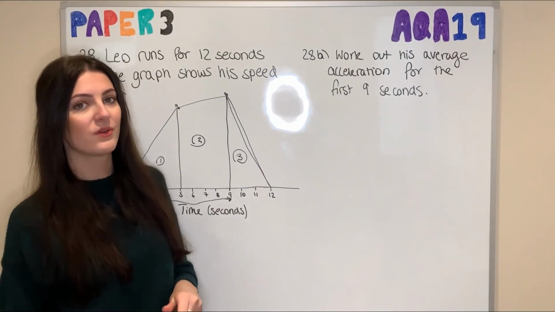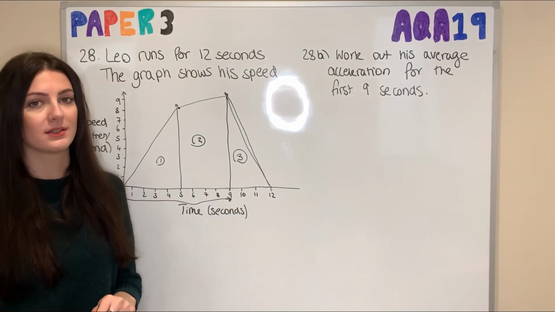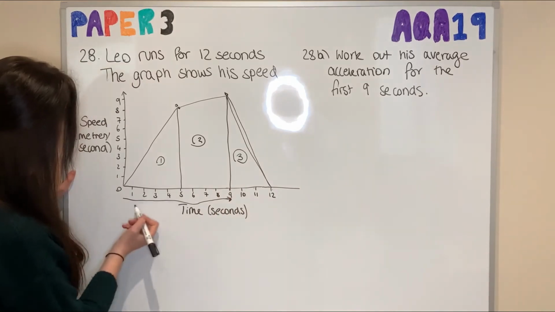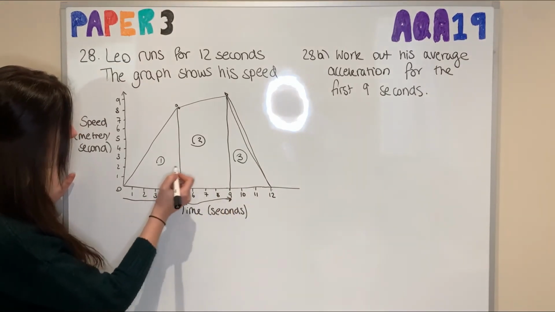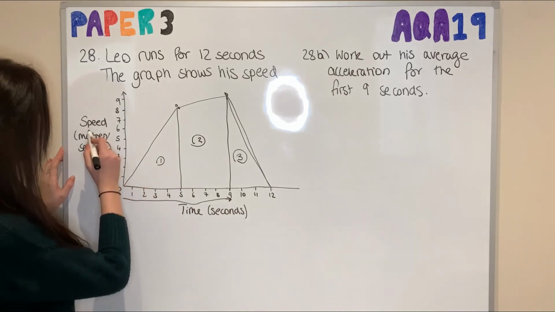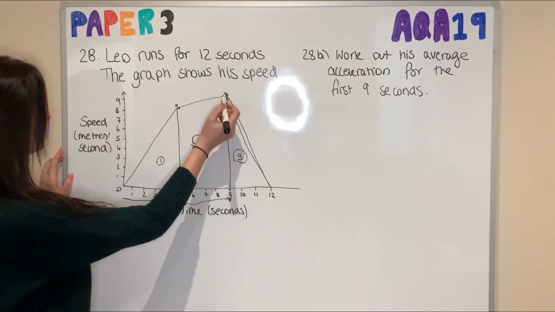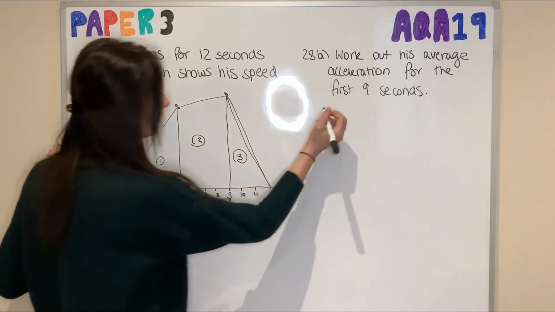Let's now continue with question 28b. We need to work out its average acceleration for the first 9 seconds. So our 9 seconds is just the first 2 shapes, here and here. However, we need to find the average. So let's look at the speed. The top speed that it gets to at 9 seconds is 9 meters per second.